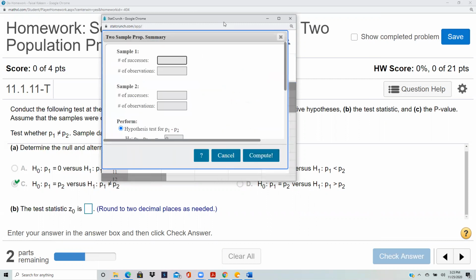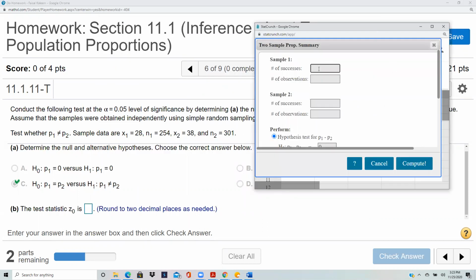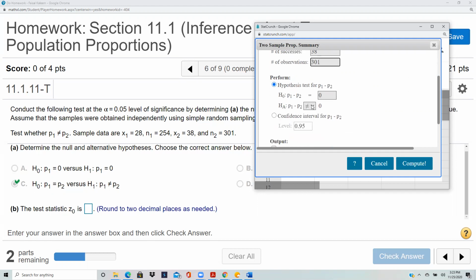So the data is 28 and 254, and then you have 38 and 301. And it's not equals to, we should already have it right.